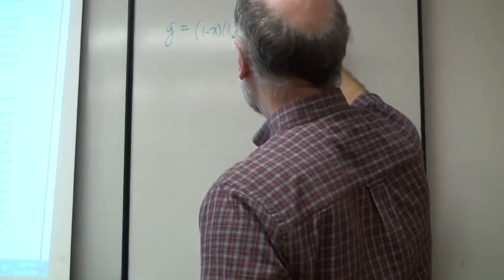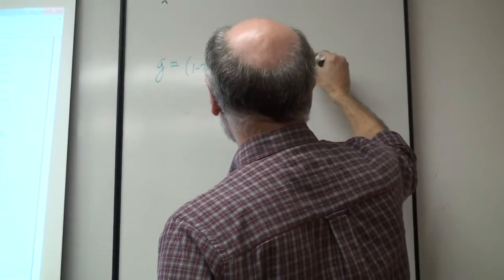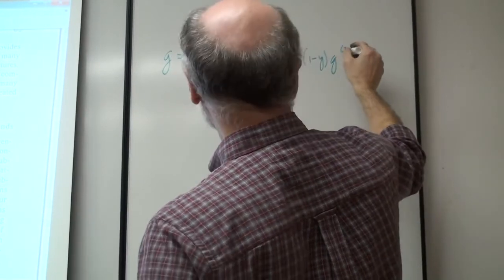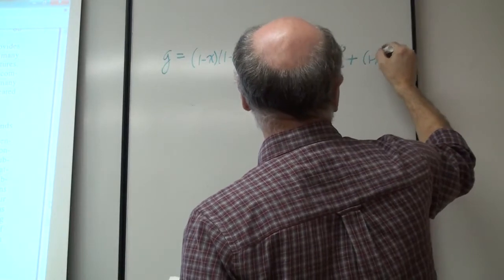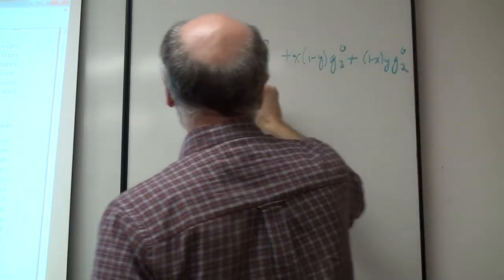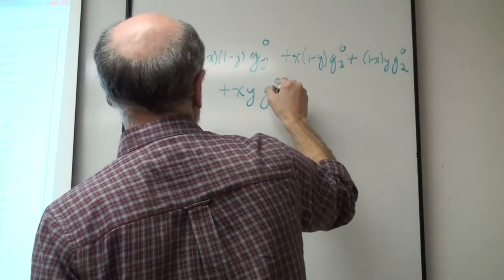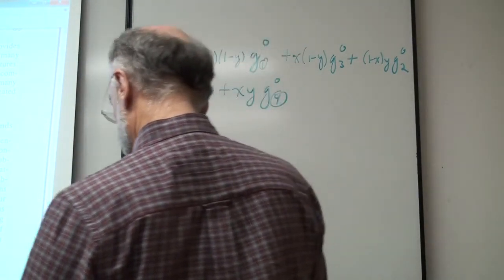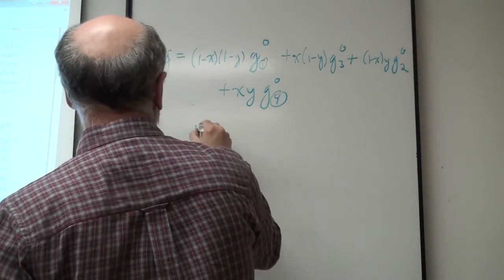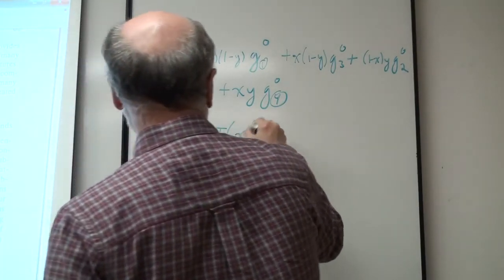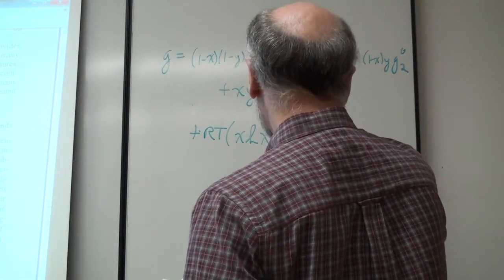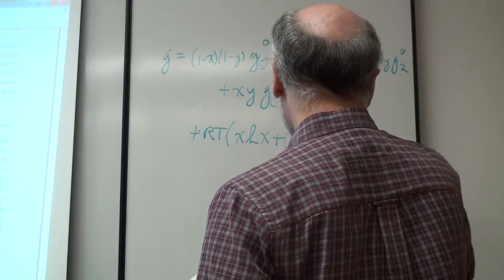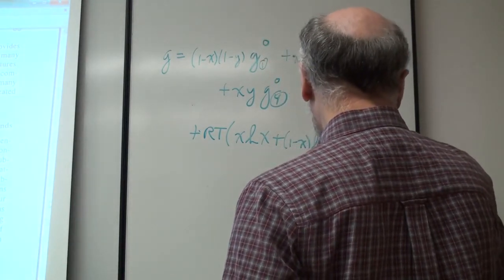4. Times G naught of 1 plus x times 1 minus y of G naught of 3 plus 1 minus x times y of G naught of 2 plus xy times G naught of 4 plus RT x log x plus 1 minus x log 1 minus x plus y log y plus 1 minus y log 1 minus y.